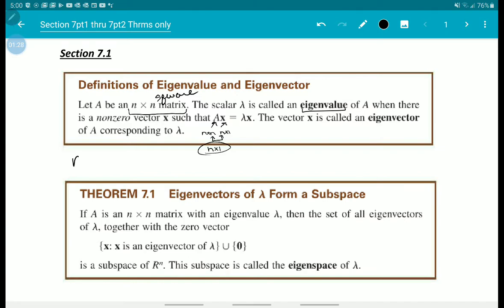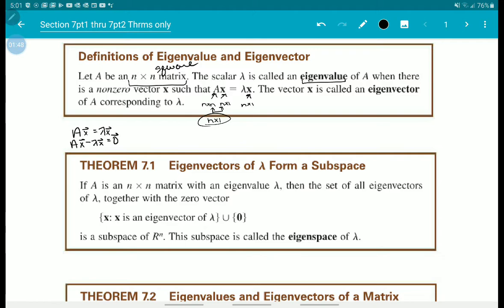Well, if we want to solve this, and we know x is also an n by 1, then we can think about it this way. That's got to be equal to the 0 vector.